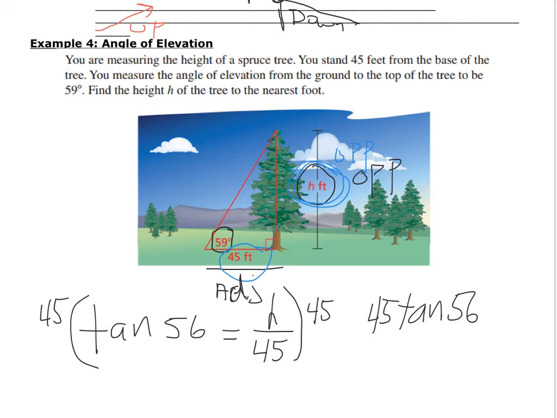As I'm getting my calculator set, you can go ahead and do the same as well. Okay, so I've got 45 tangent 56. Enter. And what I end up with is 66.71. Well, that one's not going to round up, so my final answer is 66.7.